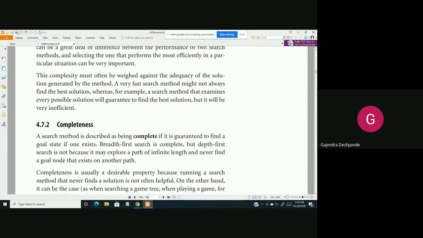You can relate these statements to the example which we have taken, that is finding the contact lens in a football ground. The first method was very fast. We just divided the football ground into four parts, but it was highly inefficient. It failed to find the contact lens. The second method was guaranteed to find the contact lens because we divided the football ground into pixels and performed a pixel by pixel search, but it took a lot of time, so that is not acceptable.